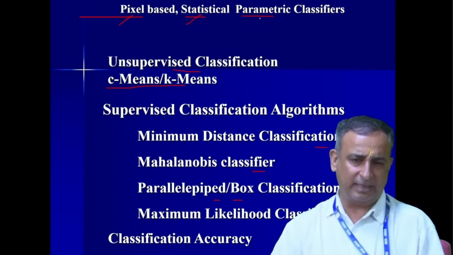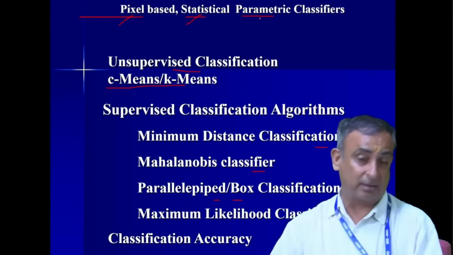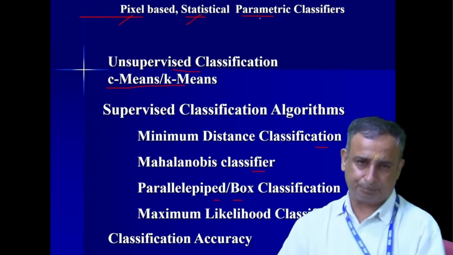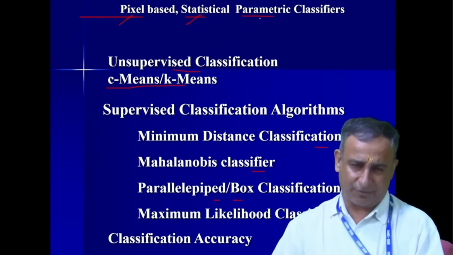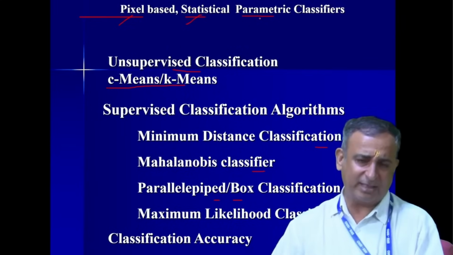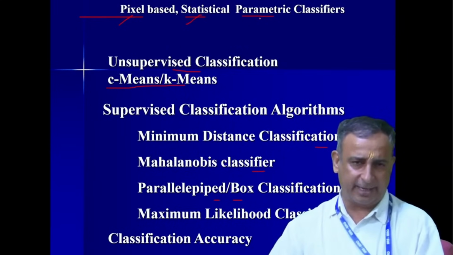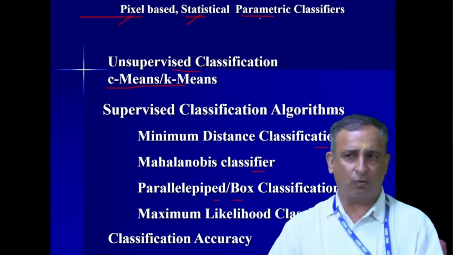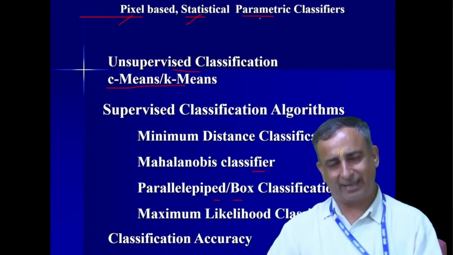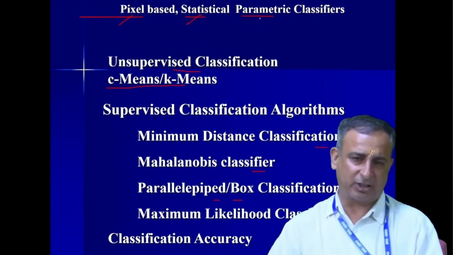One more thing I would like to mention for the unsupervised algorithm: it is applied where we don't have training data, obviously. But what is the application of unsupervised classification? If you have an image of a particular area and you do not know how many classes are there to be mapped, you can apply the unsupervised classification approach, take the number of clusters to be 50, and then you will get 50 clusters.